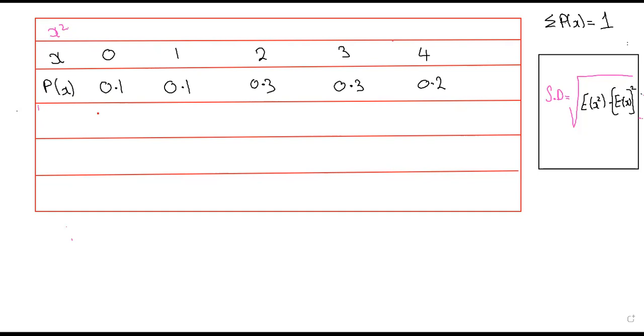Okay, now please pay attention. The formula for standard deviation in this case is under the root, expected value of x squared minus expected value of x squared.